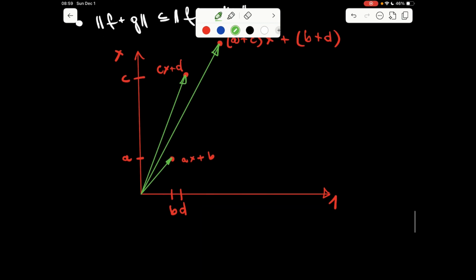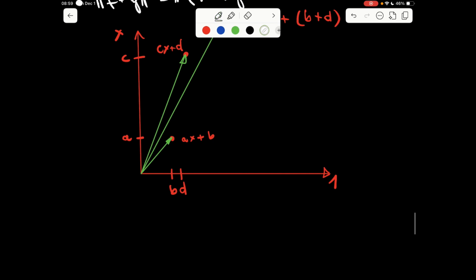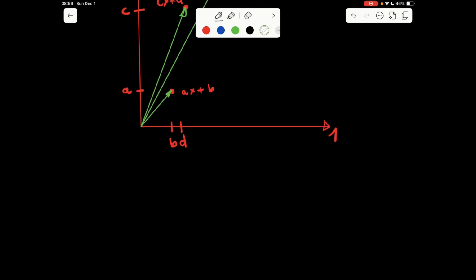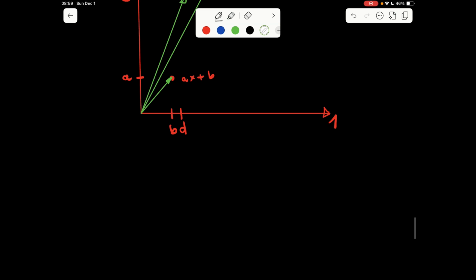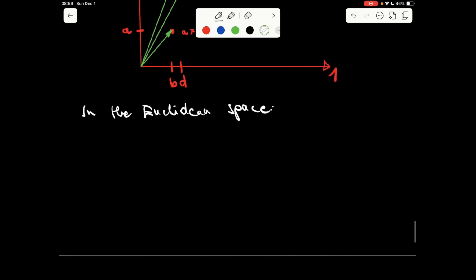Okay, so let's use the fact that in the Euclidean space the triangle inequality holds.